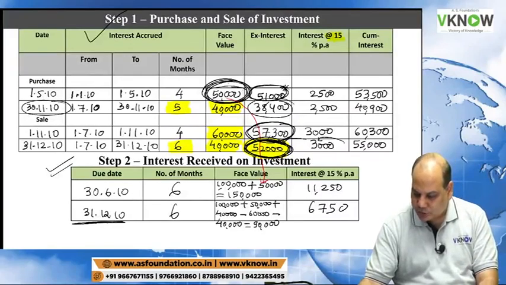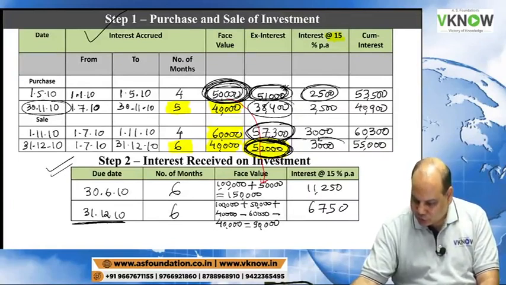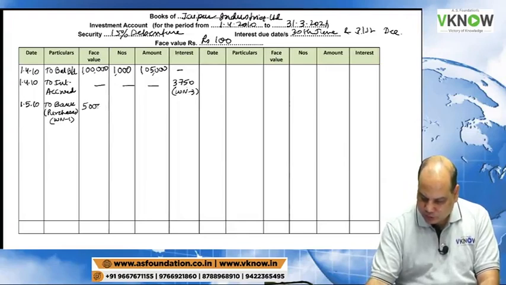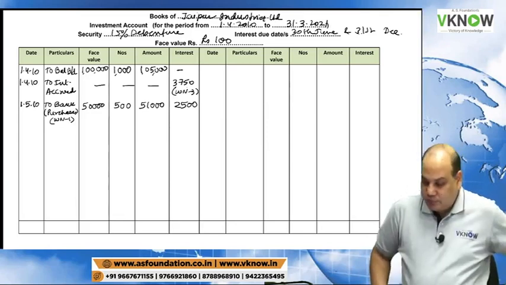You see 50,000 and the ex interest price is 51,000. Interest is 2,500. So 50,000, quantity 500, ex interest amount 51,000, and the interest was 2500.